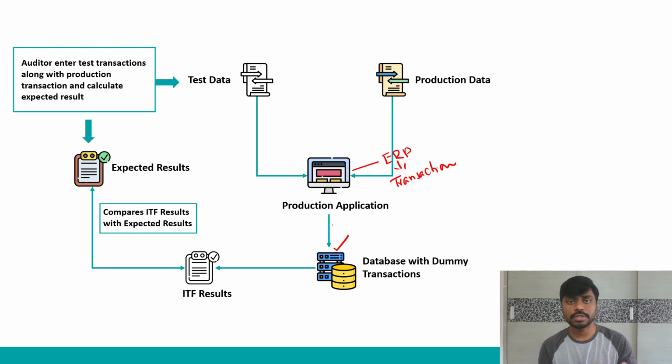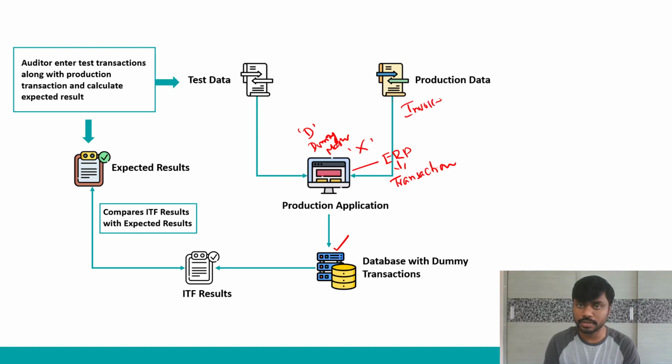Now, what does this ITF tool do? In the production application, they create a dummy master. Let's say, as we have already discussed, they have created a supplier called D. There is also a regular supplier called X. We are booking an actual supplier invoice for X, and this invoice will get processed and finally the entry will get posted in the database.